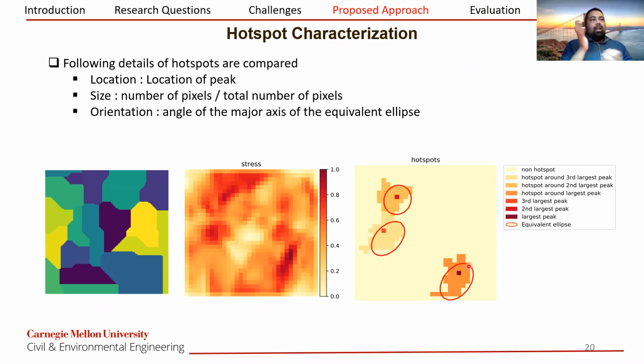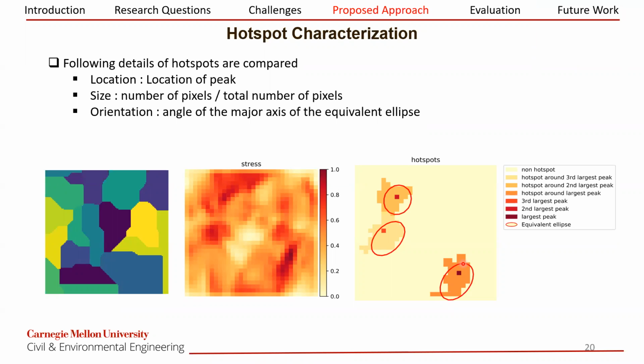What will be the equivalent ellipse for this? And we just say the orientation of this is almost equivalent to the orientation of this ellipse. But yeah, I understand that this metric is still very sensitive, and we are working on coming up with some better metric. I hope that this answers the question, right?